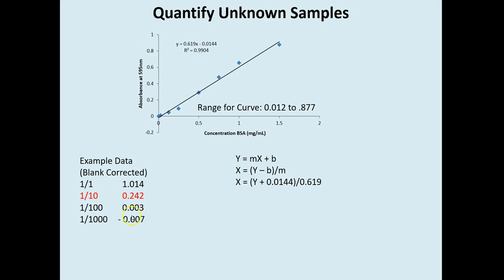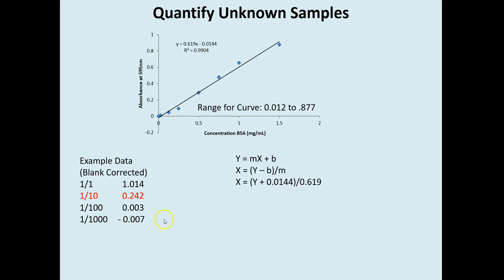If your dilutions are not made accurately, then it is always better to rely on your undiluted sample for your numbers, because they would be the most accurate, so-called, amongst them. So we're going to look at our dilutions. I have the 1/10 at 0.242. Not quite accurate, but within the range at least.